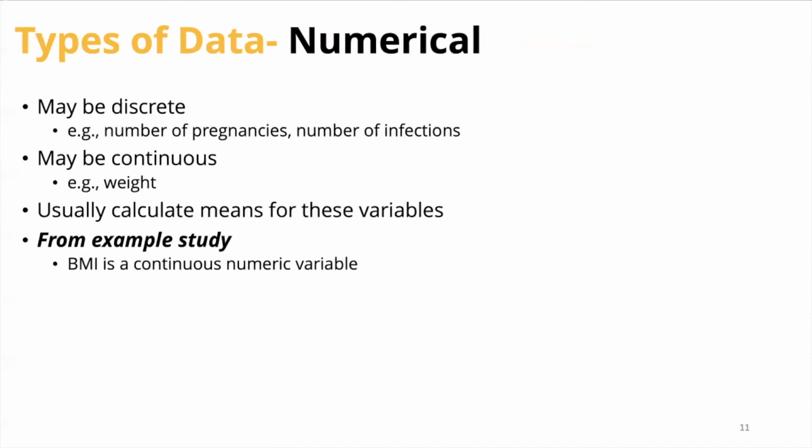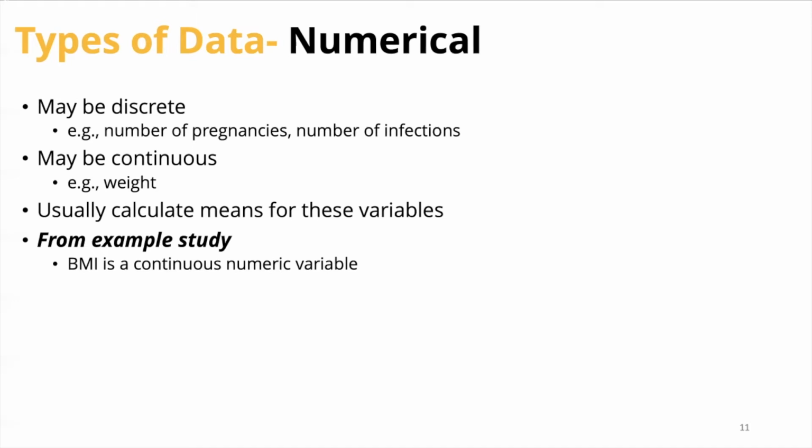So first, I'm going to start off with the different types of data or variables that you might come across in your data sets, or data that you want to use to answer a particular study question. So the first are numerical variables. So this type of data can be discrete numerical. So this includes things like the number of pregnancies or a number of infections, or it can be continuous.